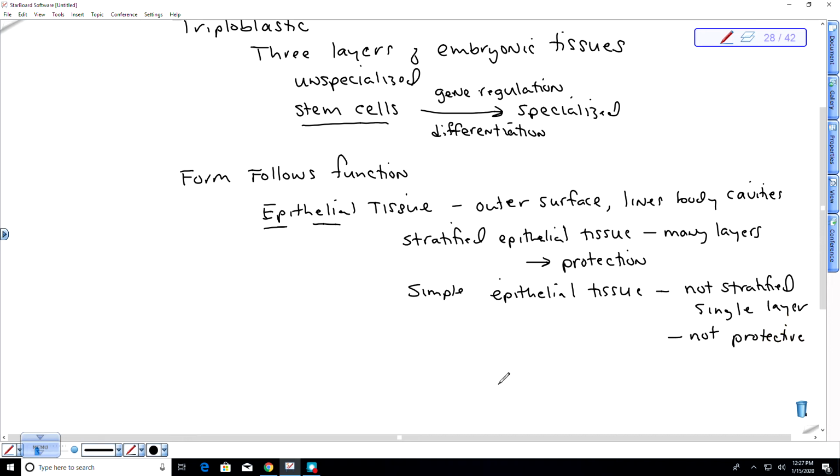So it can have another function. So for example, it could function in the absorption of nutrients. So we have a simple epithelial tissue lining our small intestine. And so in the small intestine, this is absorption of nutrients.